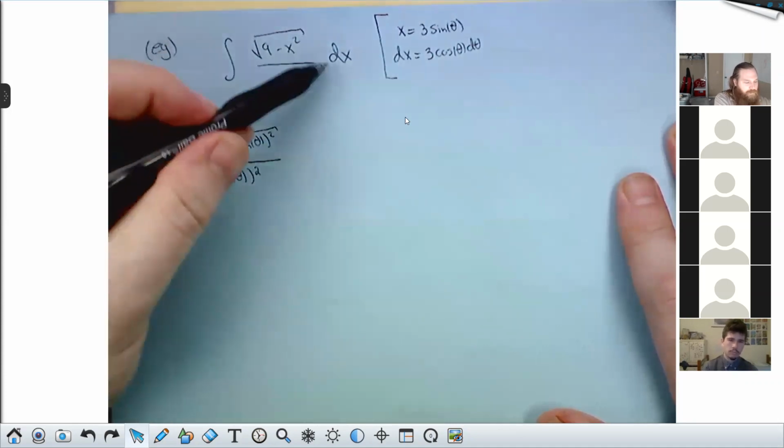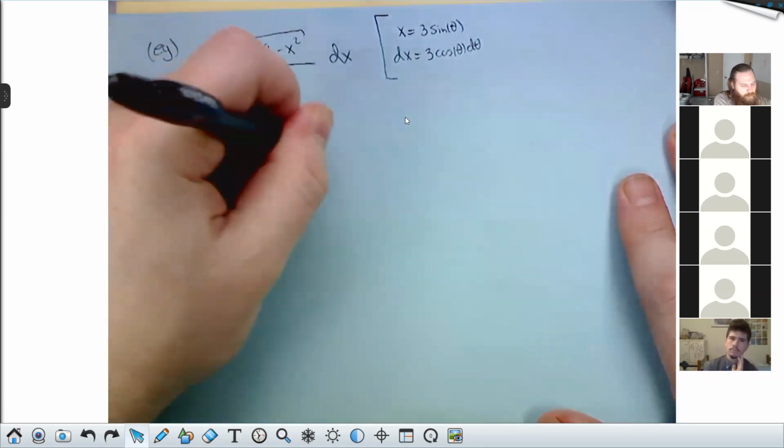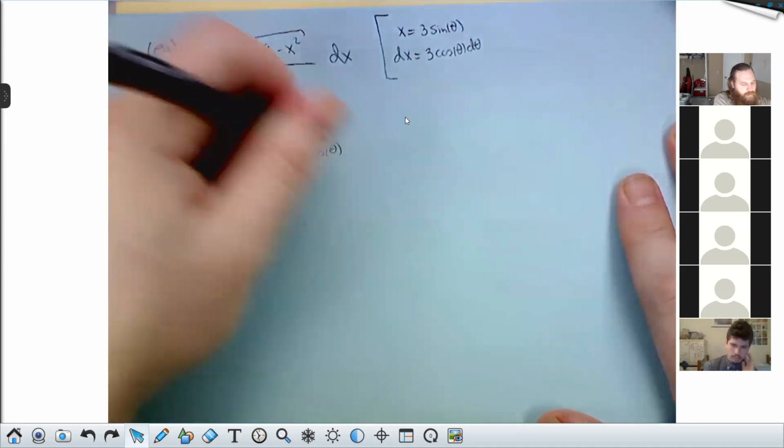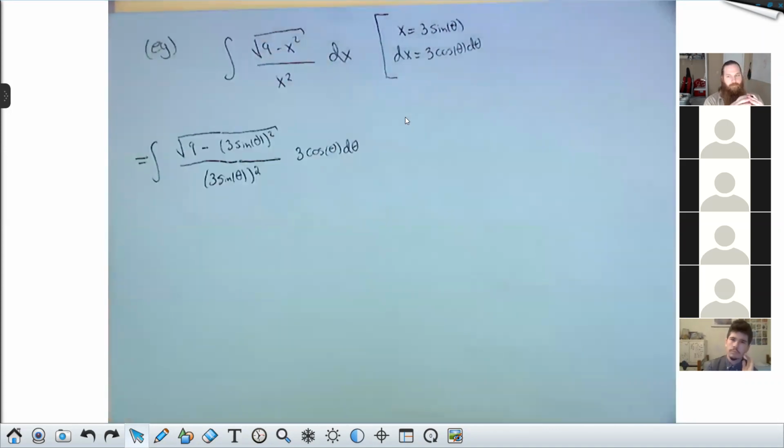And then dx, this is very important. Don't forget to replace dx by what it is. It's 3 cos theta d theta. All right, so I just replace every piece with its theta counterpart. Every x becomes 3 sine theta, and dx becomes 3 cos theta d theta.